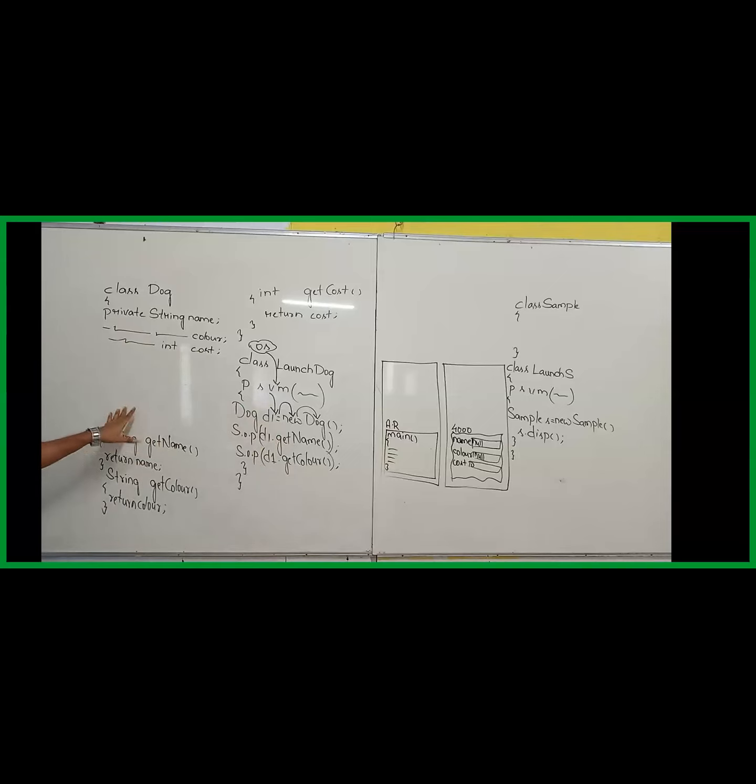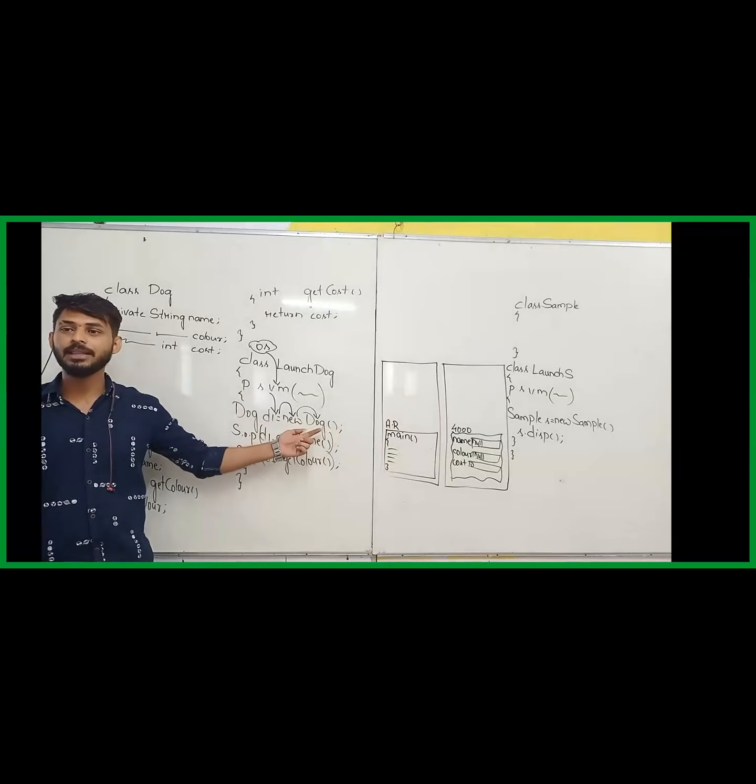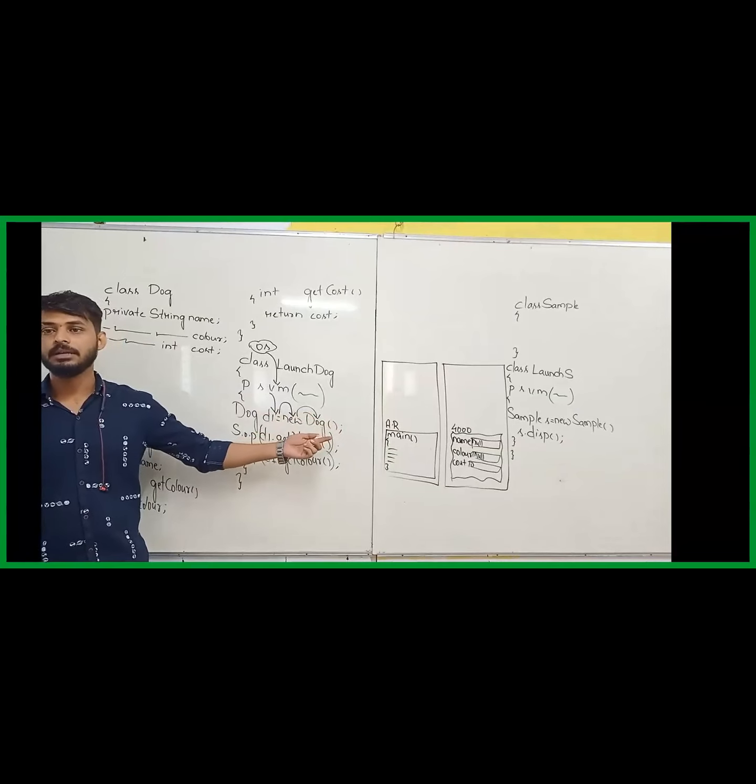Getting my point? Here, I'm calling one method with zero parameters. Which method? The method with the same name as the class name, which means it is nothing but a constructor. I'm calling a constructor with zero parameters. Whenever you're calling a constructor with zero parameters, whether you include it or don't include it.